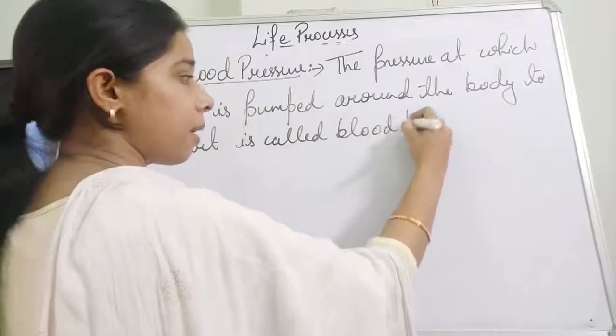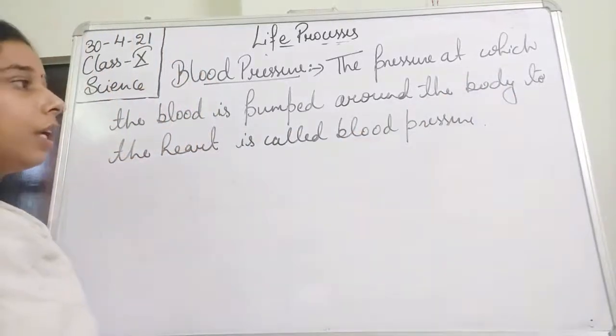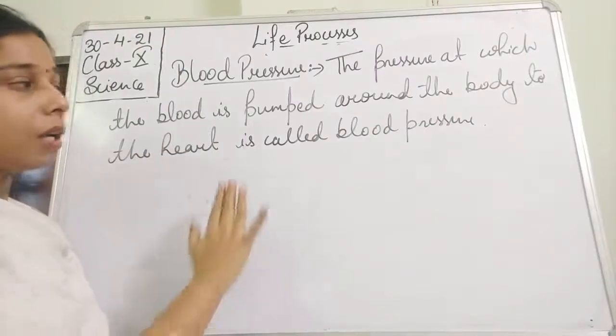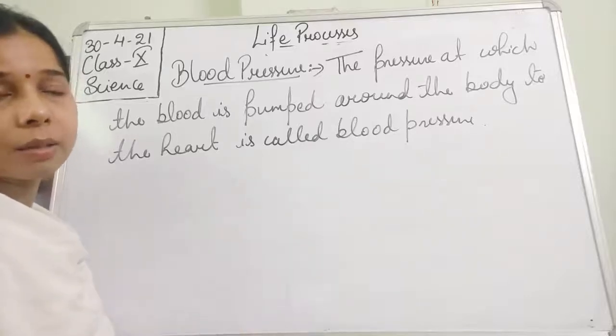Now this blood pressure is also divided into two. Let me tell you what that means. When the body pumps blood throughout the body, it occurs with a pressure that we call blood pressure.